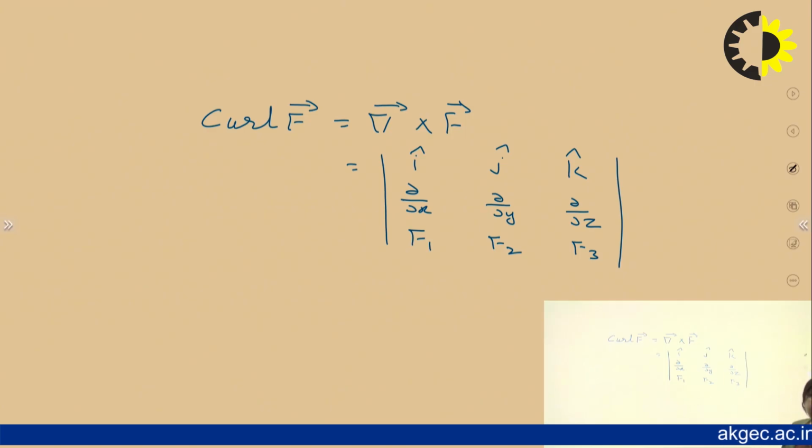After finding the determinant of this function, this del cross F, we get the curl of F vector. And here is the unit normal vector.